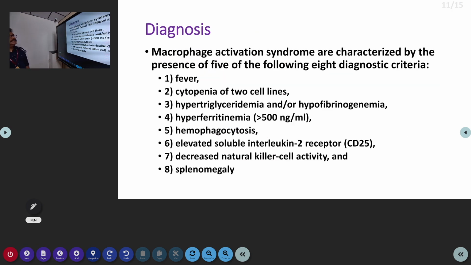Now, diagnosis. Macrophage activation syndrome can be characterized by presence of 5 of the following 8 diagnostic criteria. You can see here, fever can be there, pancytopenia or cytopenia of any 2 types of cell. Triglycerides are very high, hypofibrinogenemia less than 100, hyperferritinemia, ferritin will be very high, you can see 10,000, 20,000 like that, but more than 500 itself can make you think about a macrophage activation syndrome.